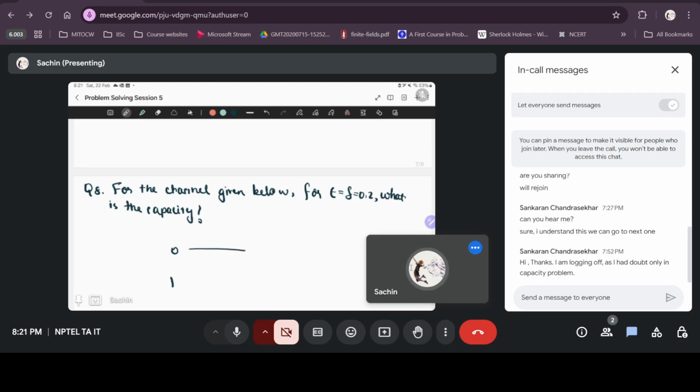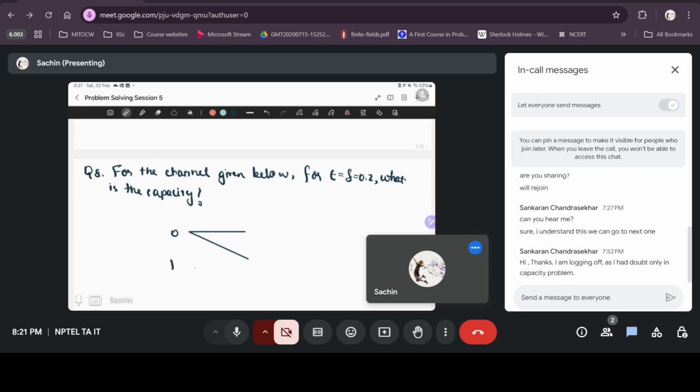K is equal to 2, so there are two inputs, and J is equal to 3, so three outputs. Outputs are 0, delta, and 1.